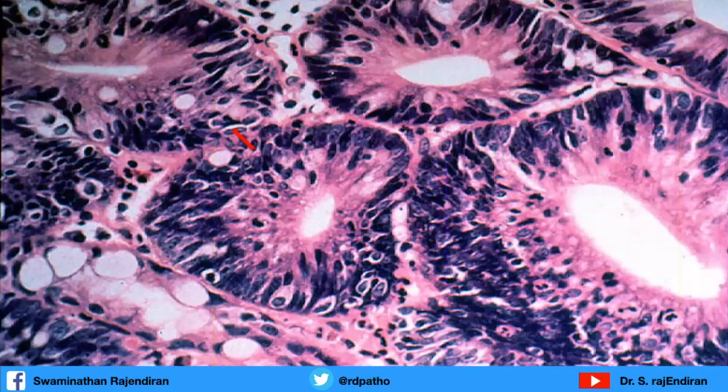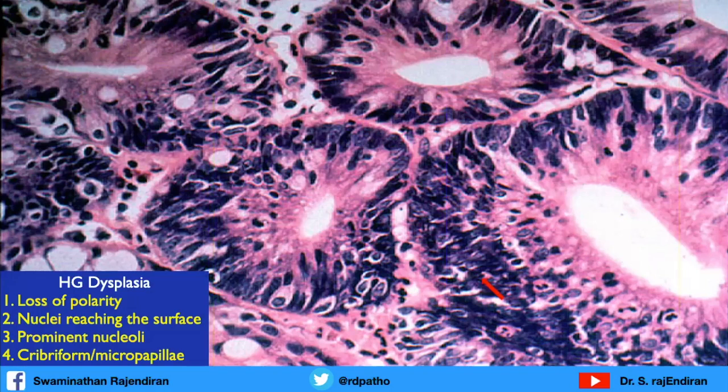So this is stratification, loss of mucin, mitosis, apoptosis. So this is dysplasia. But in this dysplasia the epithelium is reaching the top, and there is loss of polarity, and I don't see, probably cribriforming may be coming here. I don't see it in the center of the picture. So I will think of high grade dysplasia.